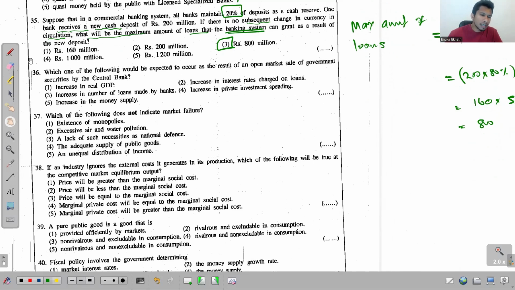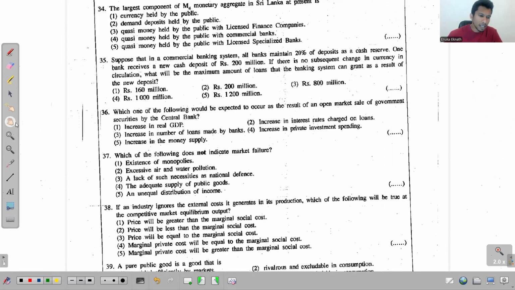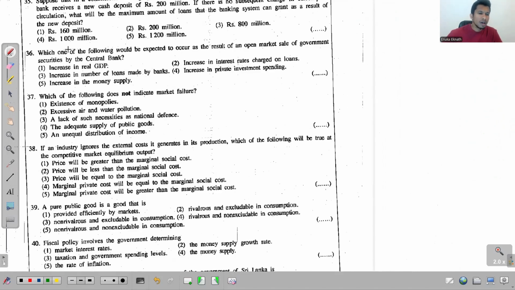Right. 36. Look at this question 36. It says, which one of the following would be expected to occur as a result of an open market sale of government securities by the central bank? Okay, so this is what normally happens when the central bank sells government securities to the commercial banks.